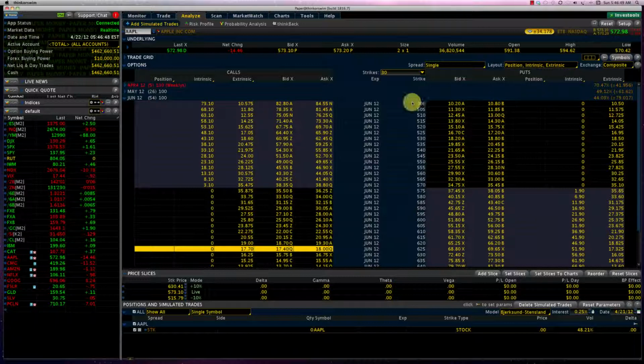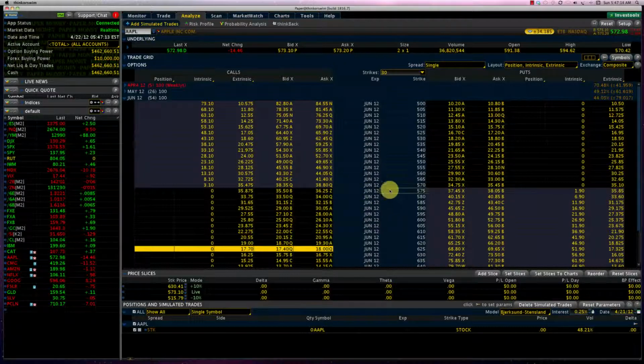So the moment you click on that layout, we can see that our columns have changed, and that's what it looks like. So focusing on the call side for now, we can see that anything above 573. If you have a strike price above 573, then that strike price will be out of the money because Apple has not yet reached there.